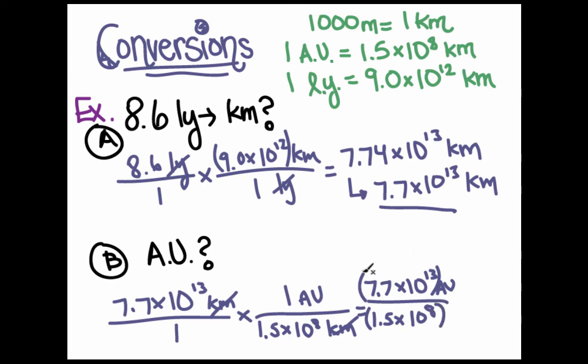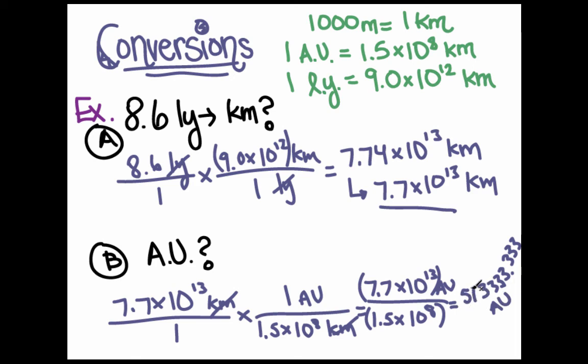So you're plugging in open bracket 7.7 times 10 to the power of 13 close bracket divided by open bracket 1.5 times 10 to the power of 8 close bracket equals. The value you should get is 513333.333 AU.